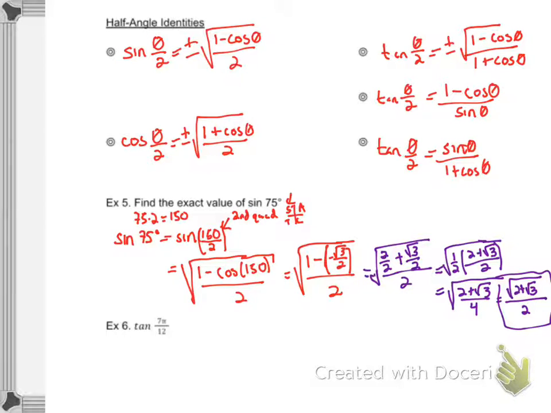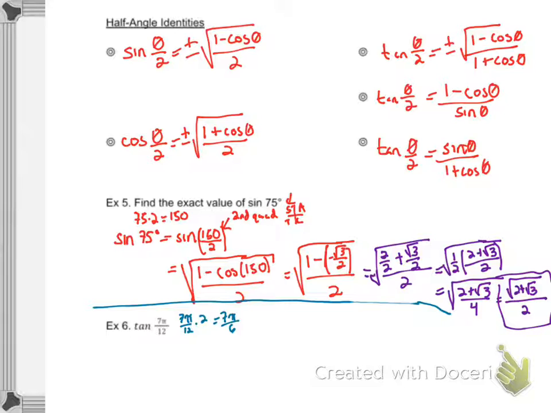The next one up, I'm going to draw my little borders so I can keep my eyes on what I'm supposed to be doing. As I look at this, once again, we see that 7 pi over 12 is not on the unit circle. But if we multiply this by 2, we have 7 pi over 12 times 2, which would create 7 pi over 6.